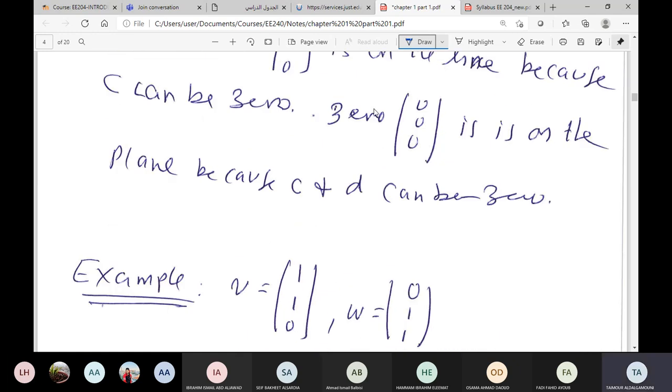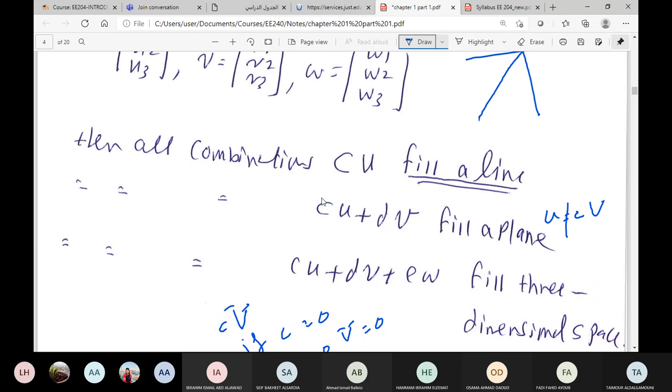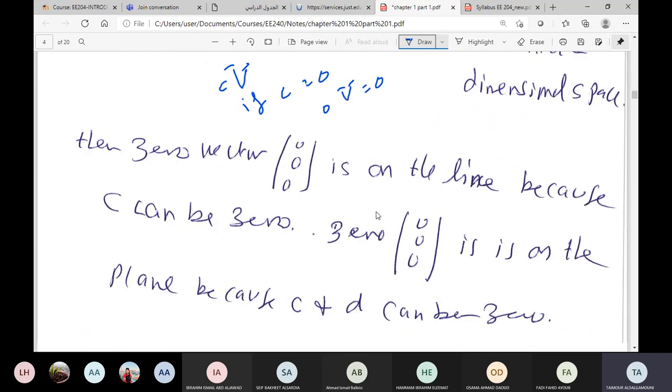And again, 0 is in the plane that is the linear combination of U and V, because C can be 0 and D can be 0.